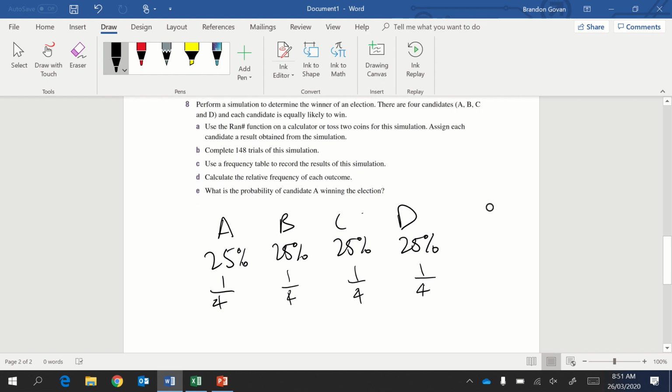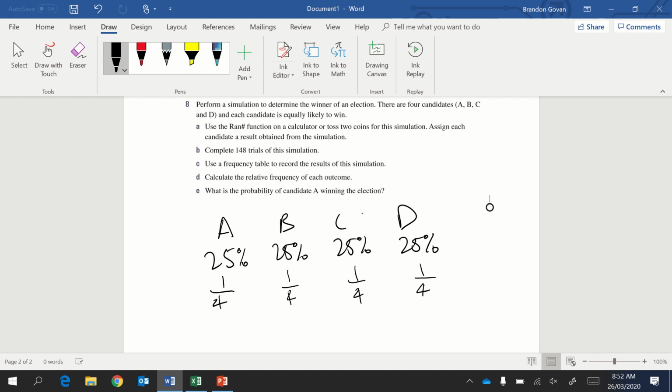Performing a simulation to determine the winner of an election, there are 4 candidates and each candidate is equally likely to win. We're going to use the random number function on a calculator or toss 2 coins for this simulation. Assign each candidate a result obtained from the simulation. So this is going to be quite difficult because you guys are going to have your calculators at home, so we're going to have to compare with my Excel spreadsheet.